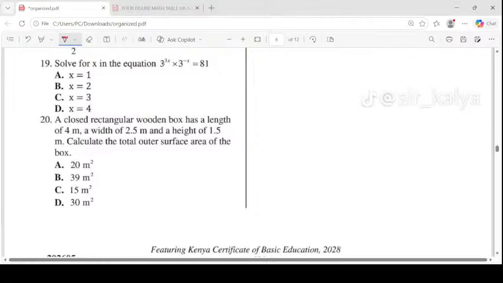Solve for x in the equation 3 power 3x multiplied by 3 power negative x is equivalent to 81. This can be written as 3 power 3x times 3 power negative x should be equivalent to 81, which is written as 3 power 4.